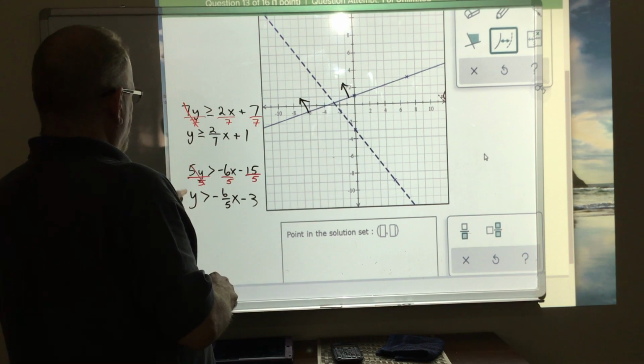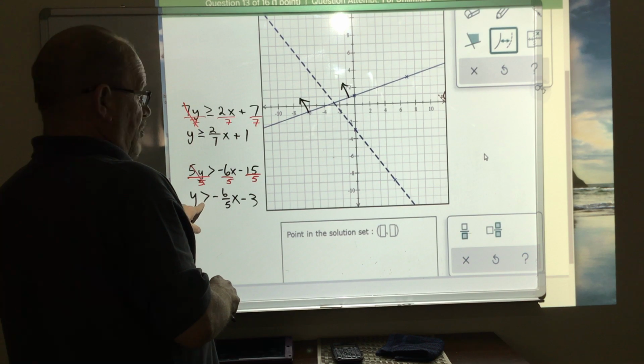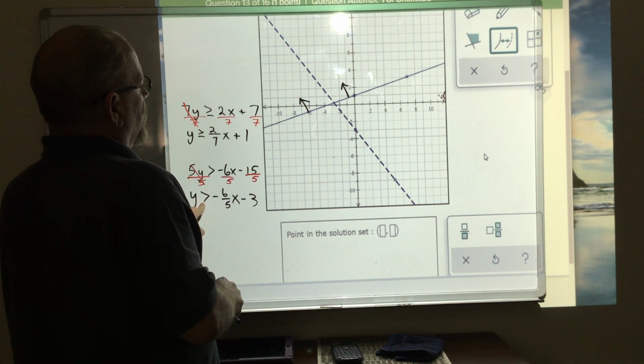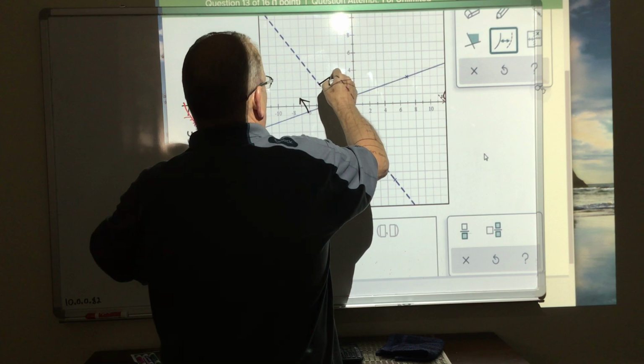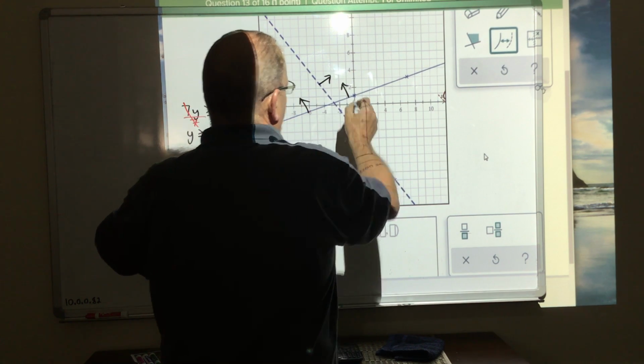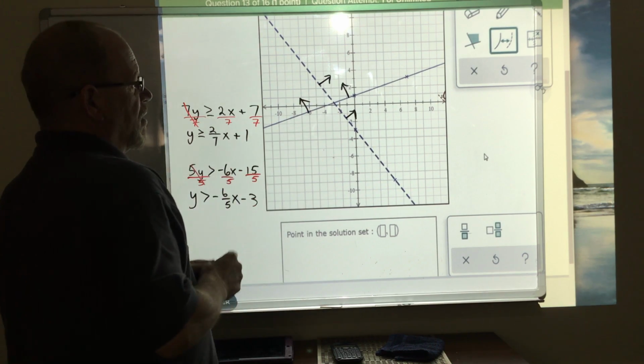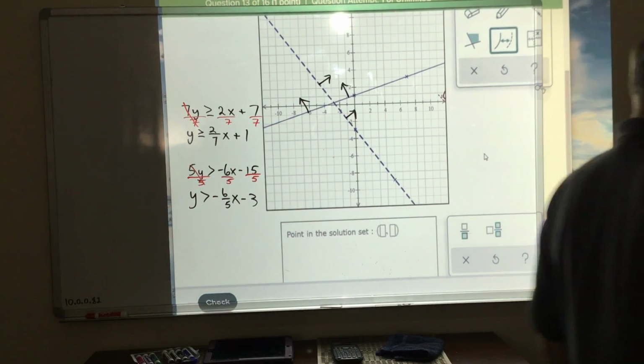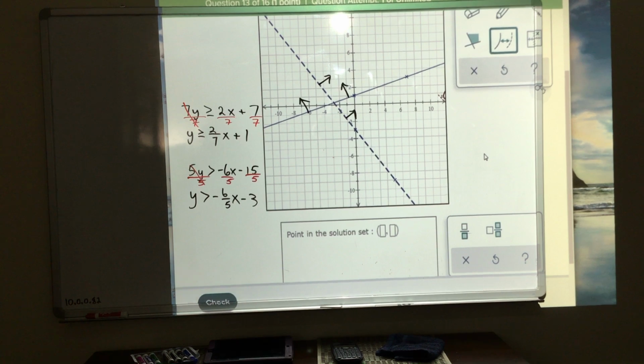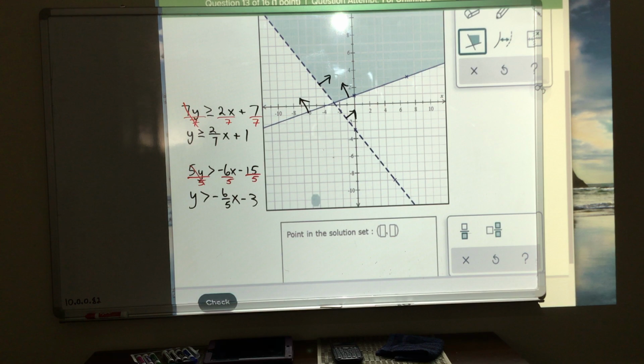Now on this one, it's greater than. So I'm going to shade on this side. Now notice, here's the region where both arrows point. Okay, so that should be it for this question. Let's try it. Shade, shade, check.